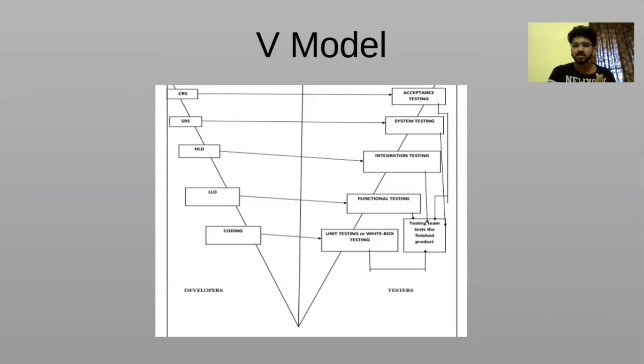Verification will be done by developers, as I explained, going through converting CRS, SRS, high level design, low level design, then coding, whereas testers will be involved in the validation process, which is actual software testing, wherein they'll be doing unit testing, functional testing, integration testing, system testing, acceptance testing, and so on. So yes, let's move on to the third question.